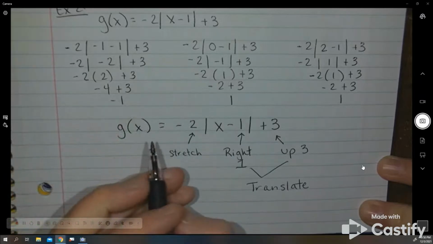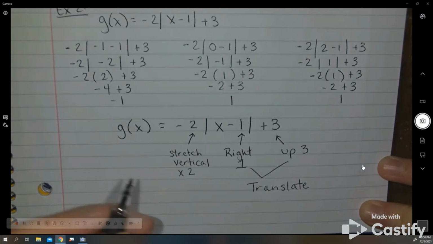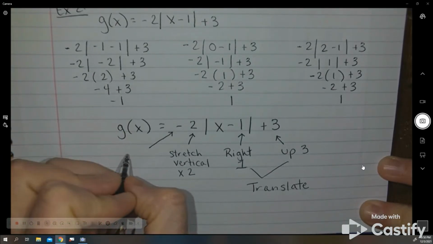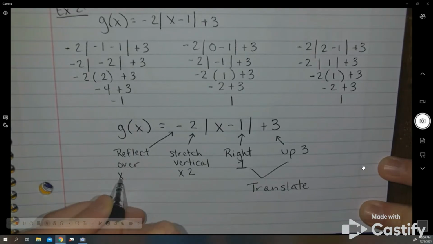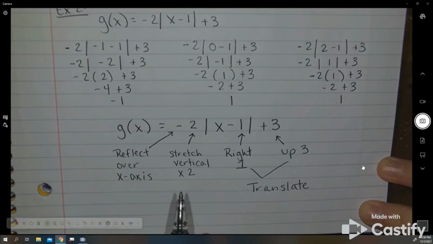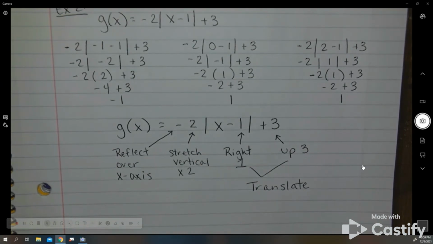So it went taller. So that vertical stretch of times 2. And this negative sign right here is the reason that we had to reflect the whole graph over the x-axis. So we've seen before how a negative sign in front of our absolute value, like with that -1/2 we had in a previous example, flipped our absolute value graph upside down. So still the case here, that negative sign is the reason it's flipped over.